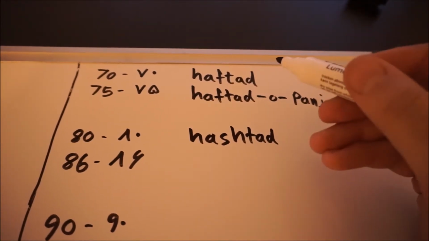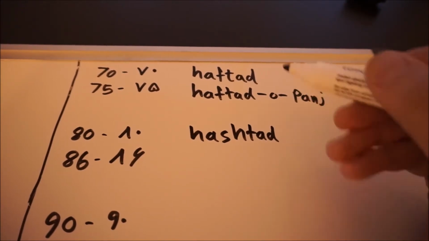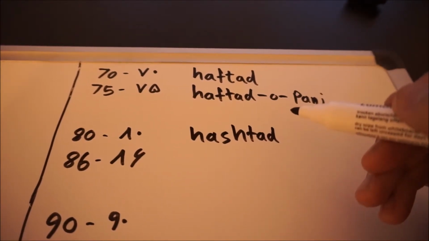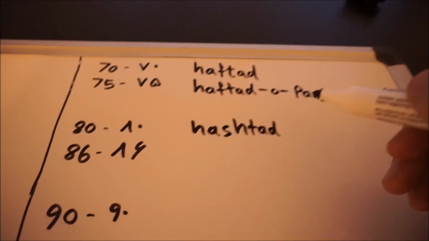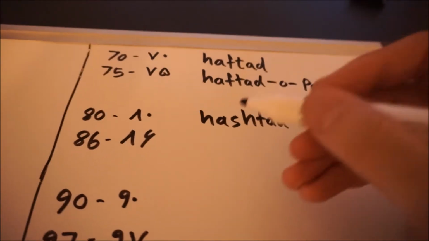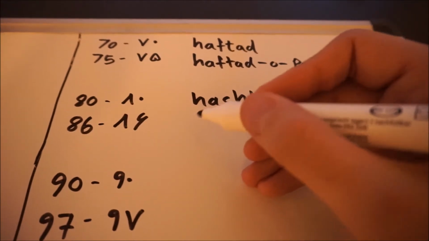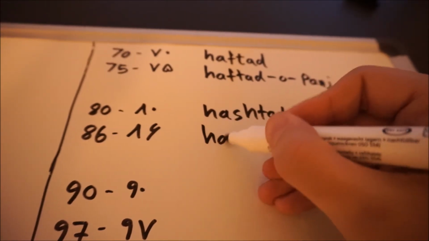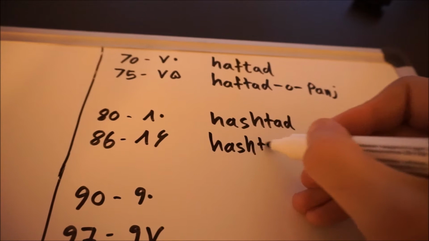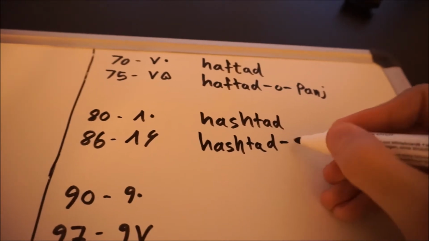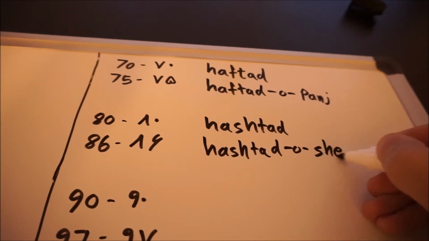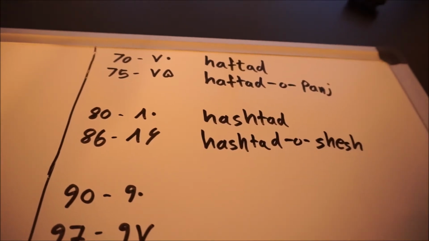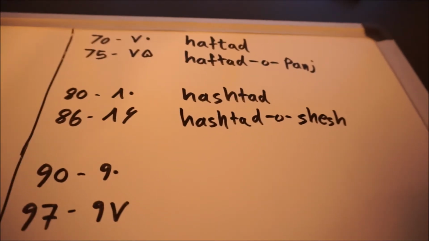So you can see both 70 and 80 are very close to the respective words for 7 and 8, which were haft and hasht. We just add the "at" at the end to make these words. So if we want to do 86 here, we have again hashtat o shesh, the word for number 6. Hashtat o shesh is 86.